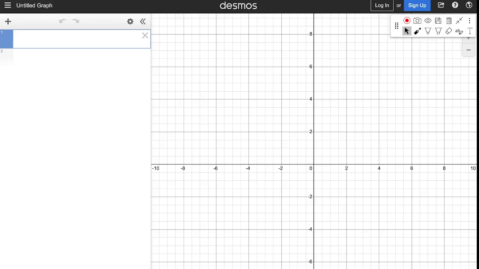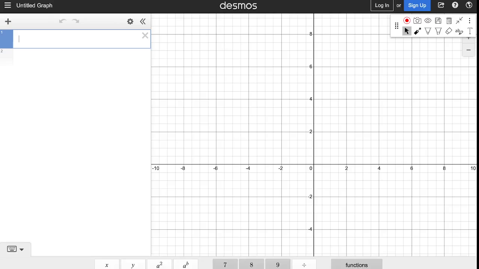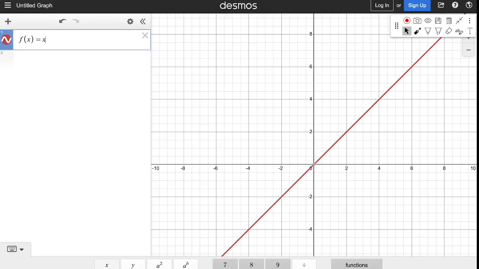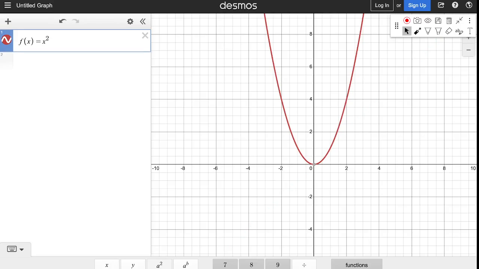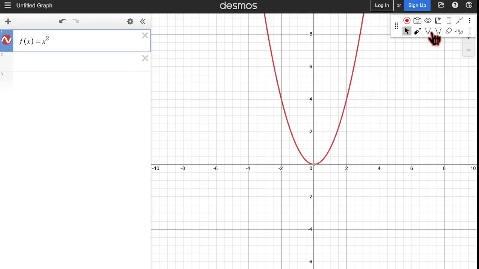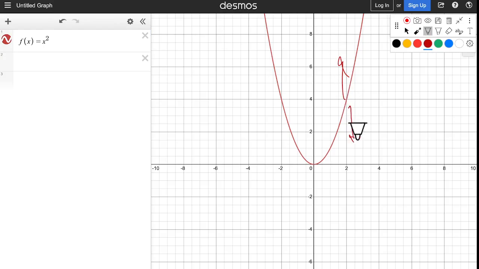A good function to take a look at with horizontal stretching and shrinking is parabolas. Parabolas are always good because we get this U shape. And so as we come below, if we're going to do a stretch, we'll see that things will go up higher. When we shrink it, things go down lower. So let's go here.